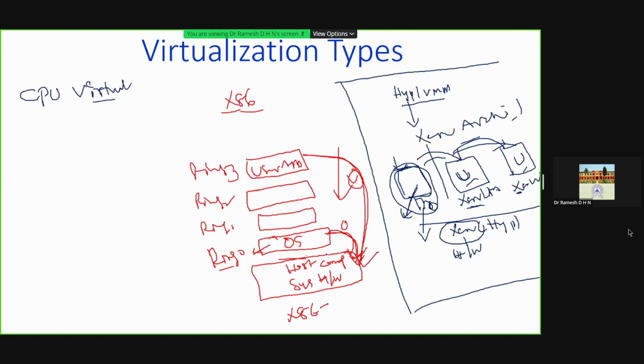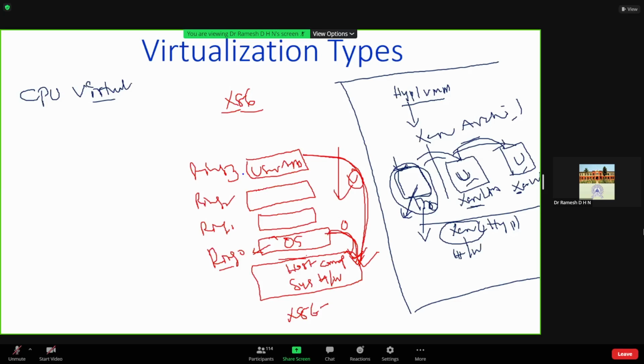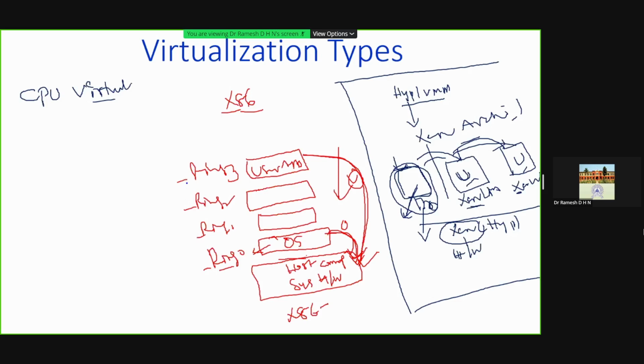As shown in this figure, the x86 architecture offers 4 levels of privileges known as ring 0, ring 1, ring 2, and ring 3, for operating systems and applications to manage access to the computer hardware. That's it.